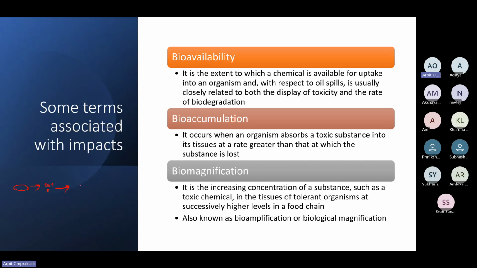Then these are eaten by a smaller fish, which then takes up more of these undegraded, accumulated chemicals or toxins into their body, because a smaller number of fish eat a larger number of phytoplankton. Then we have a larger fish which eats all of these fishes, and the concentration here increases many times. So that's how biomagnification works.